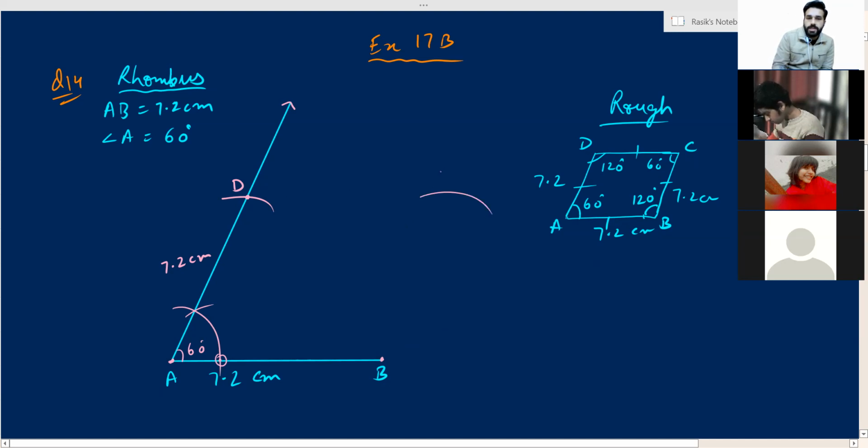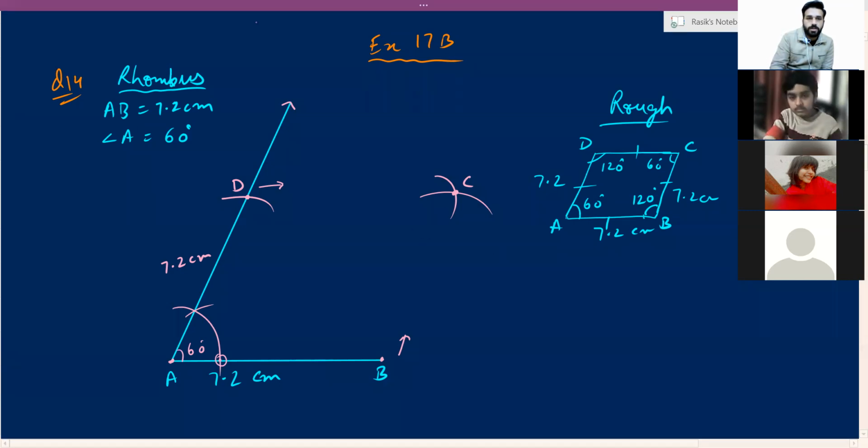And from vertex D also, we can draw an arc at a distance of 7.2 centimeters like this. So this point of intersection will give you C. One arc is made from the vertex B and the other from the vertex D. Same radius, 7.2, because in a rhombus, all the sides are equal.